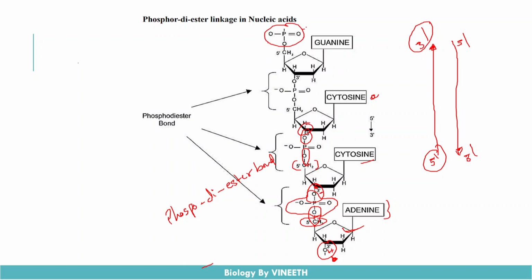These are the ends of any polynucleotide chain. Similarly, you also have another anti-parallel nucleotide chain running in the opposite direction. That chain also has the 5 prime phosphate group at one end and the 3 prime hydroxyl group at the other end. So this is how the phosphodiester linkage is formed in the polynucleotide chain.